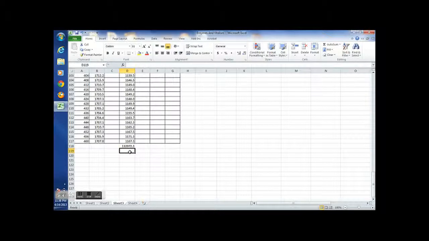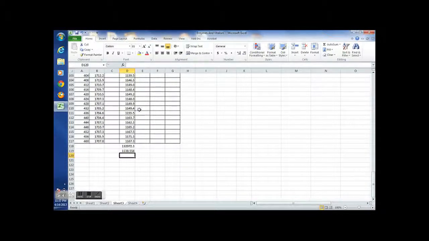And then in this cell, I have 116 entries, so I will divide this number by 116 so that I will get the average of these here. It's 1138.6.